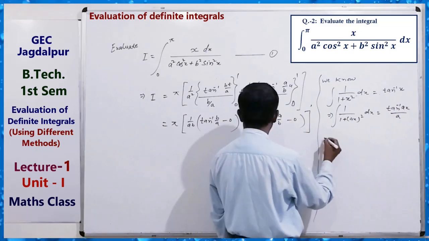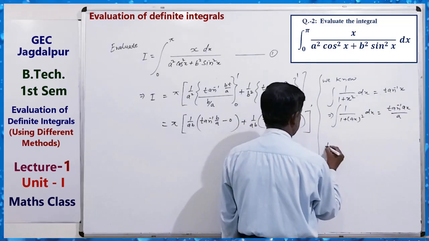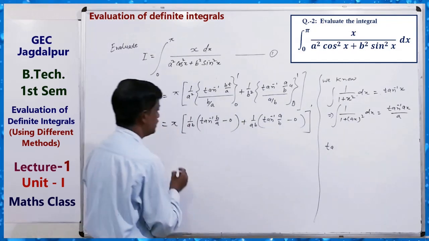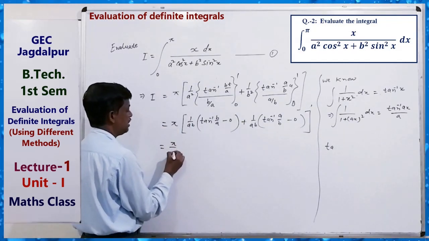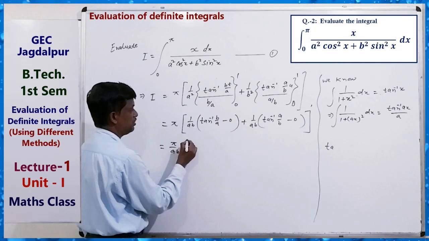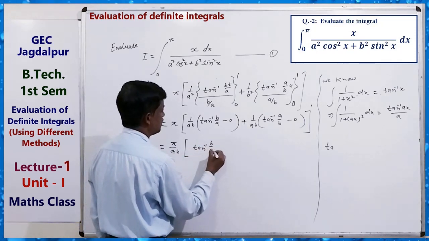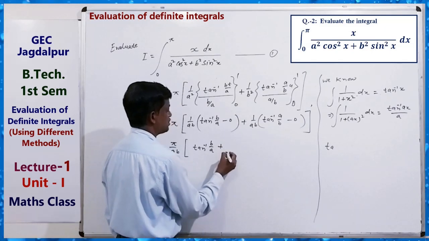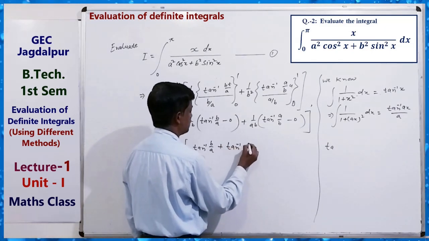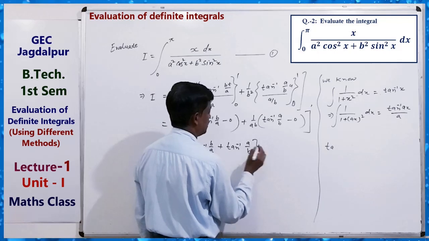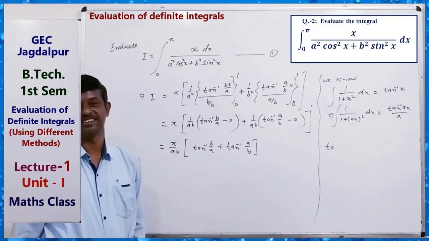And now, here pi by ab is common. Now we get tan inverse b by a plus tan inverse a by b. This can be written in short.